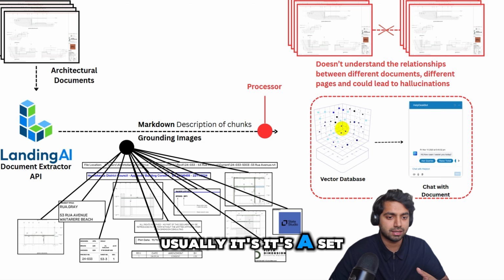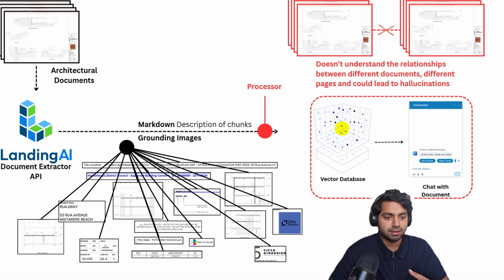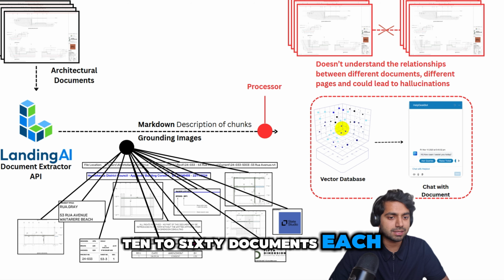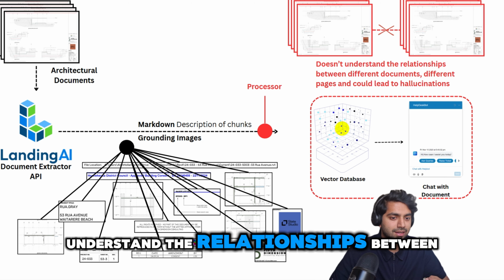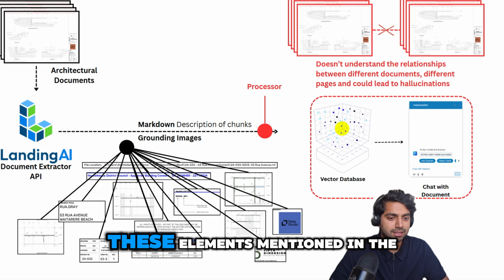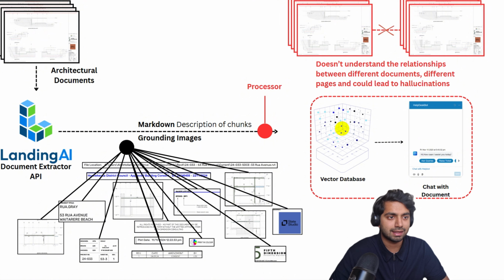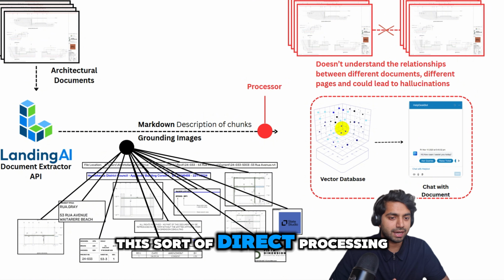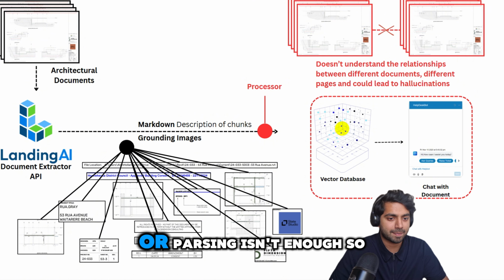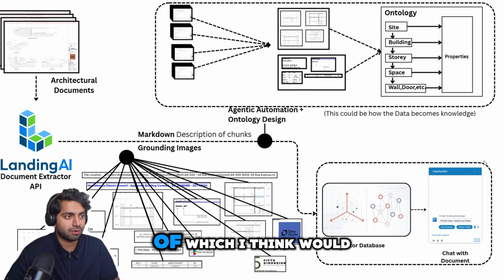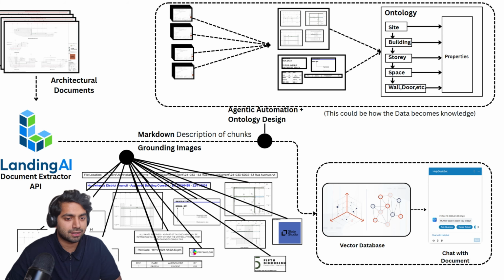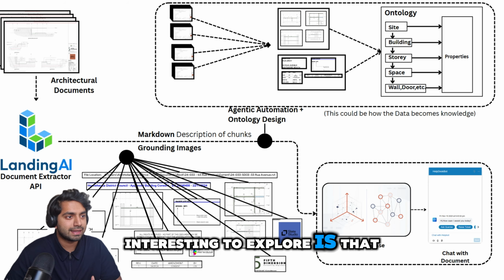Usually it's a set of documents, maybe 10 to 60 documents, each 30 to 60 pages. For it to understand the relationships between these elements mentioned in the documents, this sort of direct processing or parsing isn't enough.